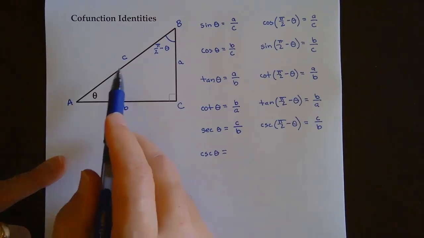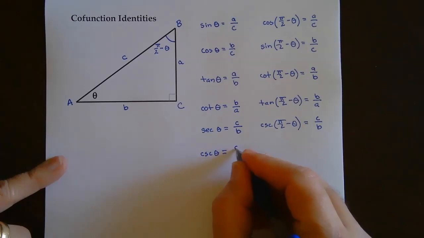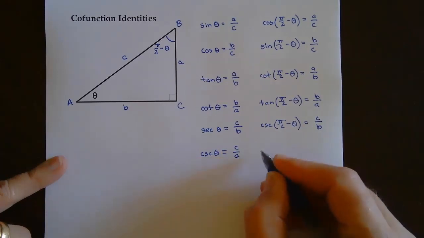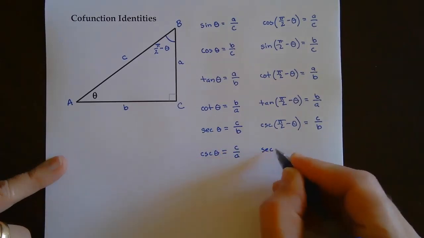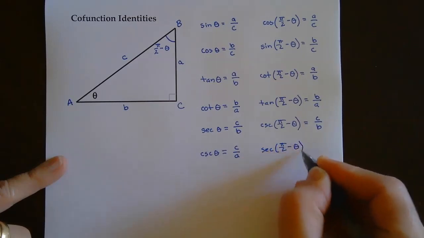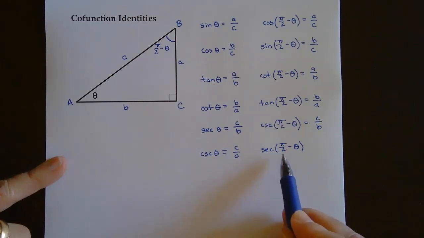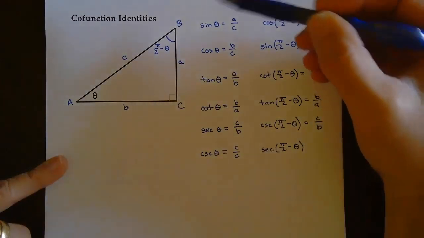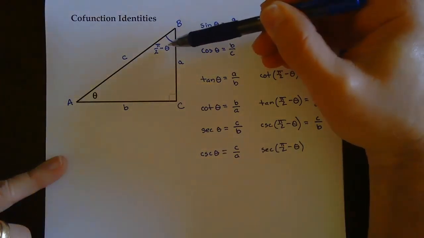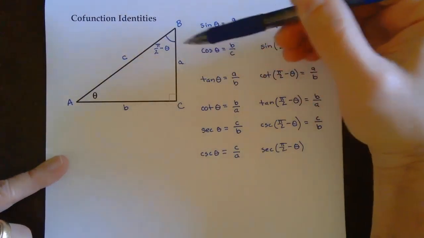Okay, so the hypotenuse is C. For angle theta, the opposite is A. So this would be C over A. And then we're going to do secant of pi over 2 minus theta. This is the reciprocal of cosine, right? And cosine is the adjacent leg over the hypotenuse. So this one's going to be hypotenuse over adjacent leg. The hypotenuse is C and the adjacent leg is A, so C over A.